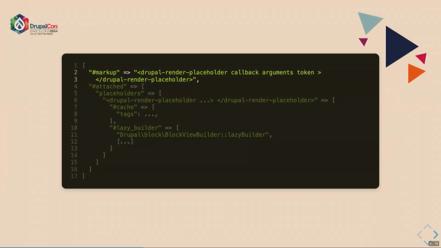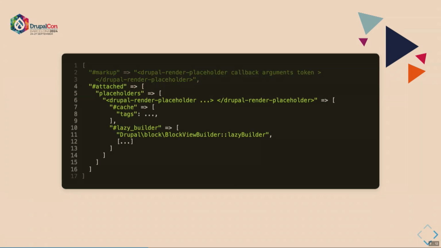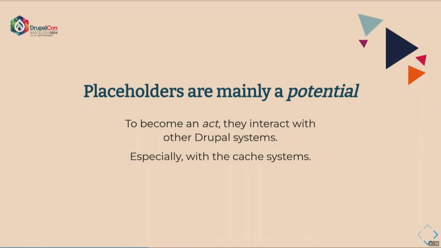So this is what happens with your render array. Then you have the markup first, and then you have attached placeholders, the same markup, and the lazy builder and the cache information. This is important. The cache information has been moved inside of the attached, okay?